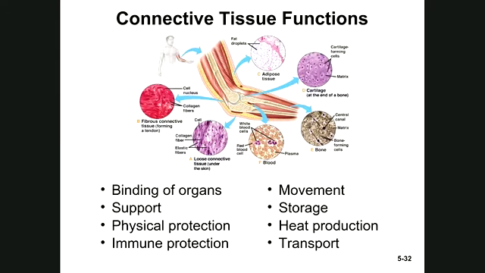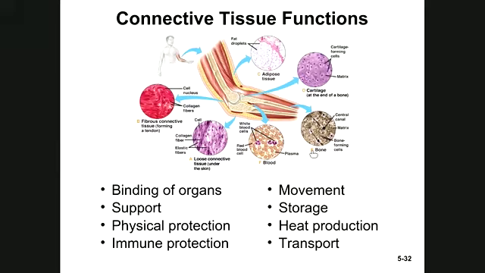In this picture, you can see the locations of connective tissue. First, connective tissue like loose connective tissue can bind the organs together. You can see fibrous connective tissue, which can do support. You have blood, which can do transport. You have bone, which can help you to move.